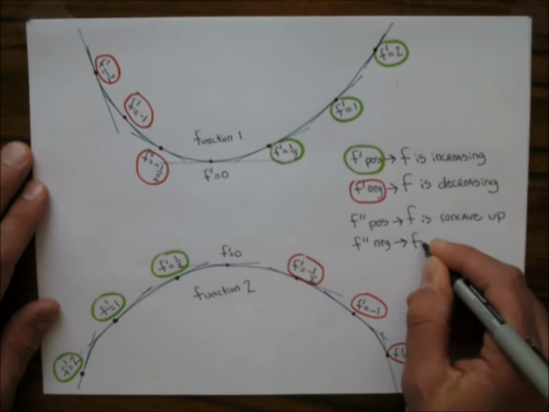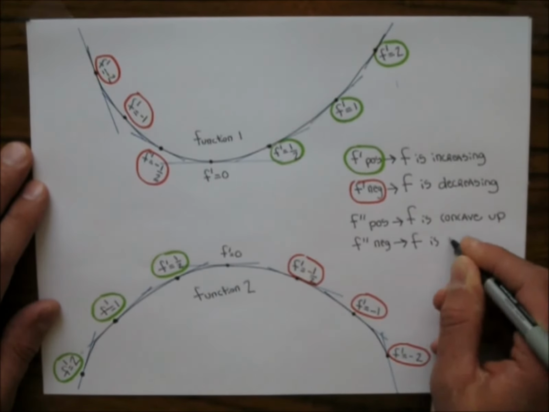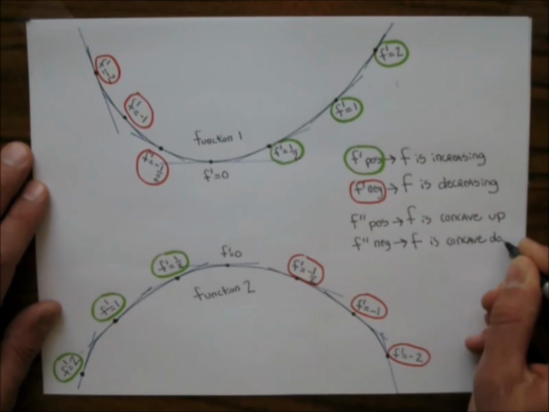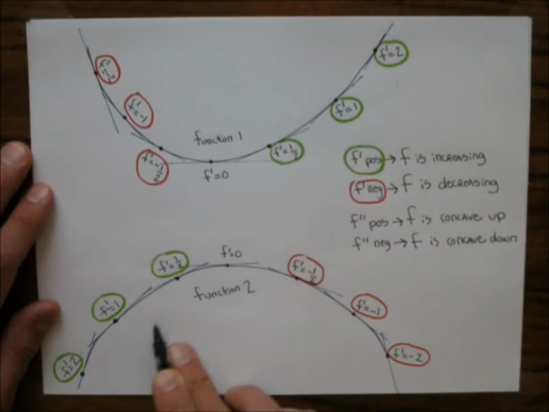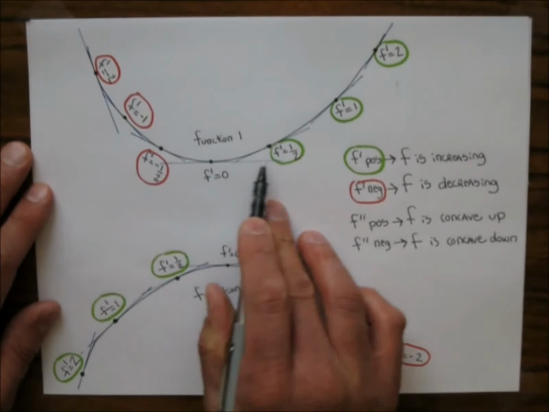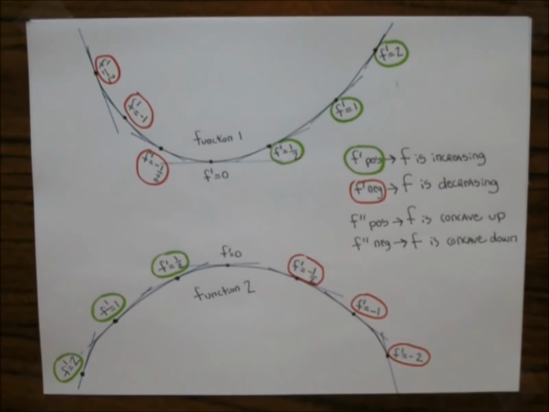That's going to tell you that f is concave down. Why the frown? And when f double prime was positive, that was concave up, like a cup. So that is very, very important. The second derivative tells us the concavity. If it's positive, concave up. If it's negative, concave down.